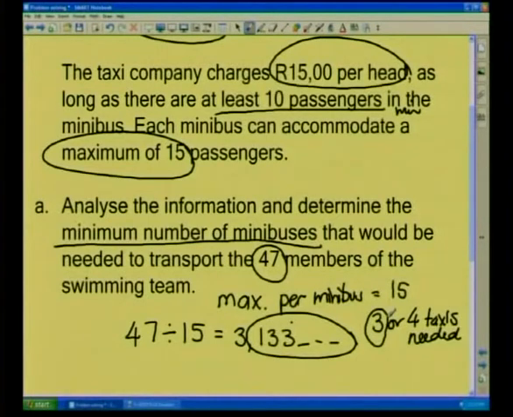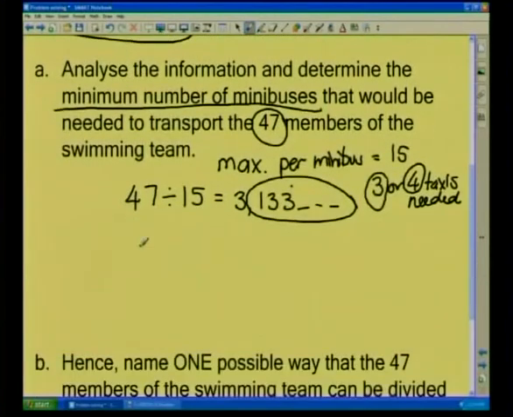So I need to go to the 4 option. So even though this number would naturally be rounded down, in order for us to actually keep all the people in the taxi, we actually need to round up. So therefore, 4 taxis needed. Otherwise, somebody's going to get left behind.